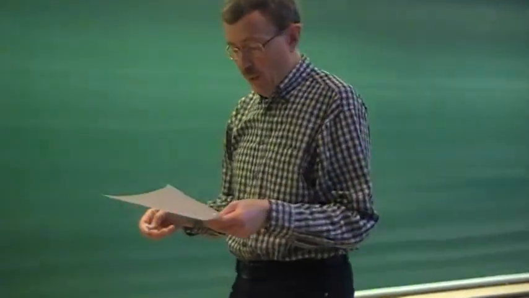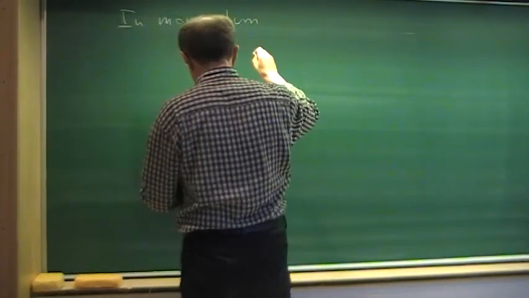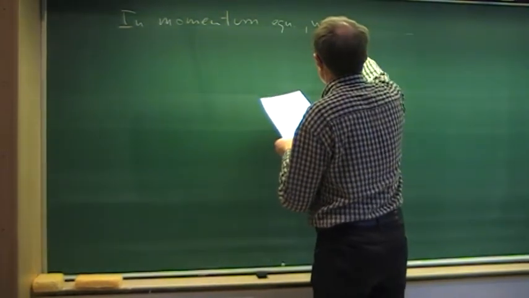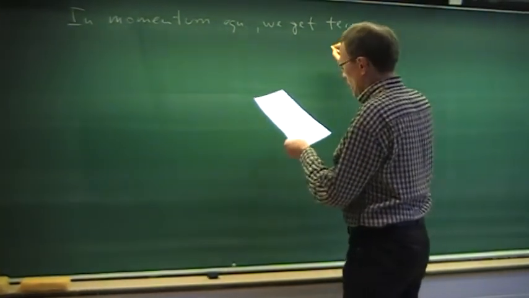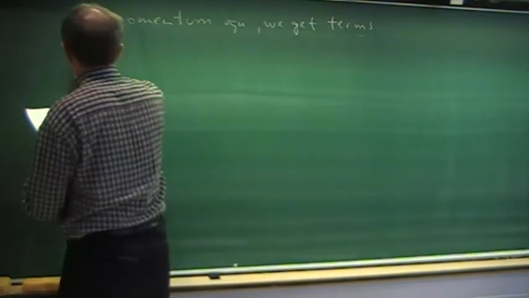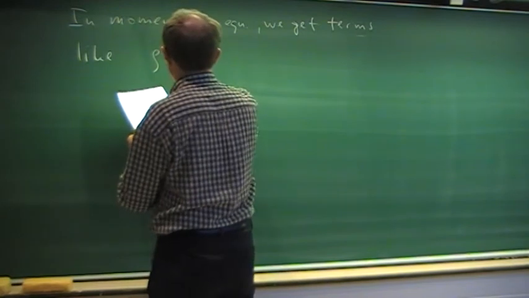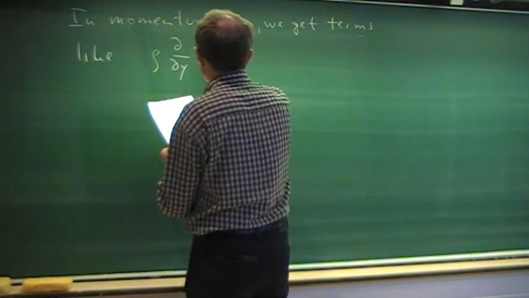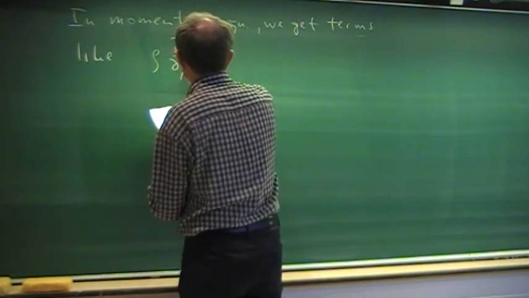Now we look at the momentum equation. In the momentum equation, we get terms like, rho is constant, so we have dy, and we'll get terms that contain uv.